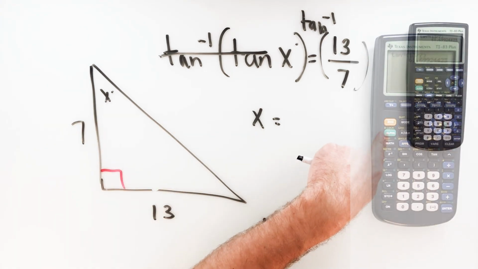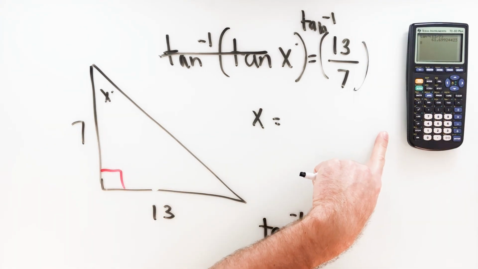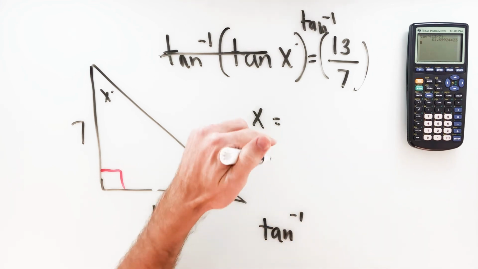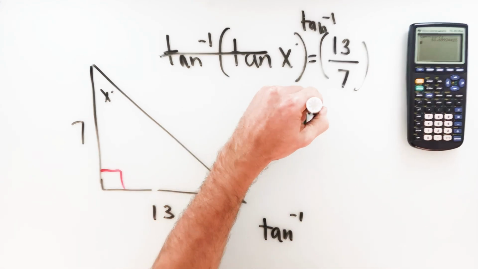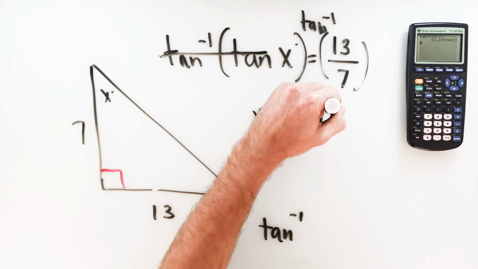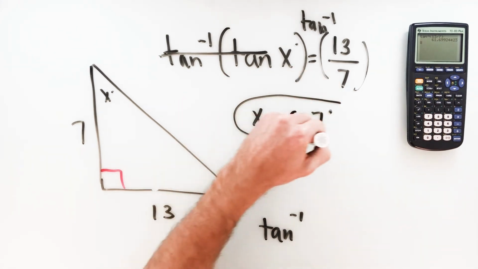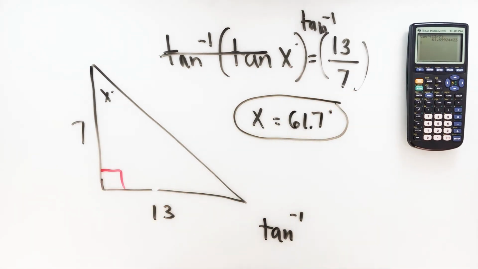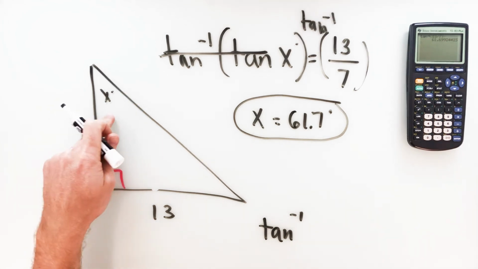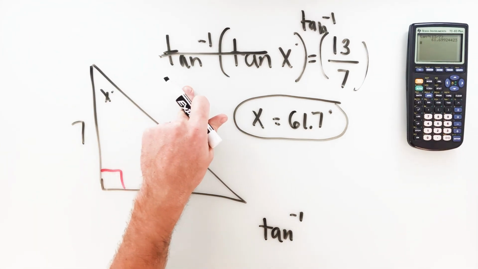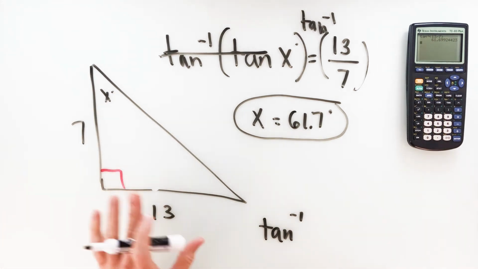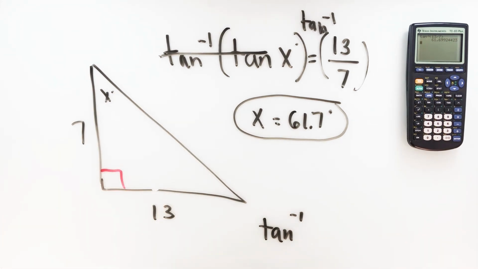What we get is about 61.7. So 61.7 degrees is the measure of that angle right there. Don't forget, if you're missing the angle, you're going to have to use the tangent inverse. If you're missing a side, you just use the regular tangent function.